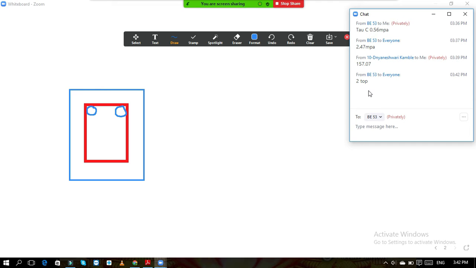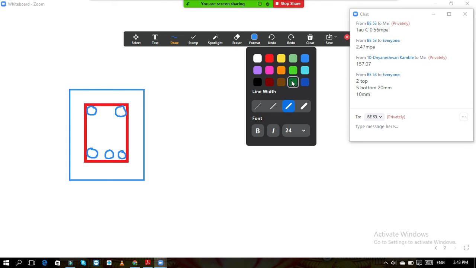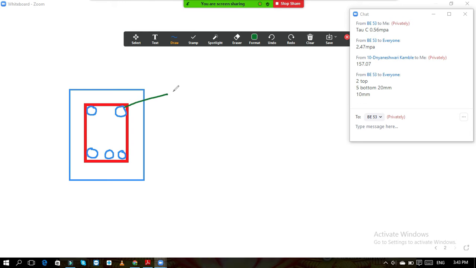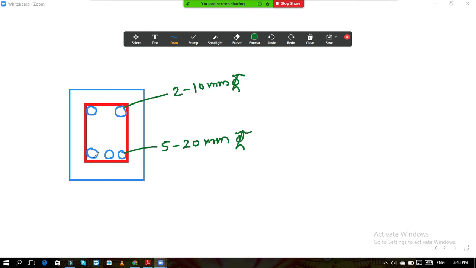Bottom 5 bars of 20 mm and at top 2 bars of diameter 10 mm. Okay, so at the top these are the 2 bars of 10 mm, and here these are 5 bars of 20 mm. I am not able to show all the 5 bars over here, so I have shown only 3 bars, but you understand 5 bars are there.